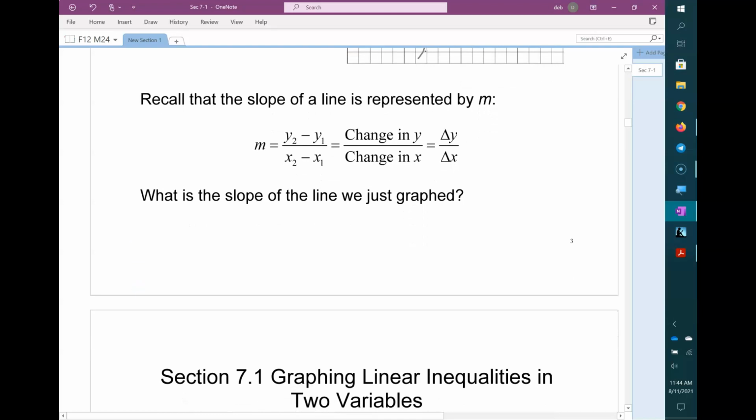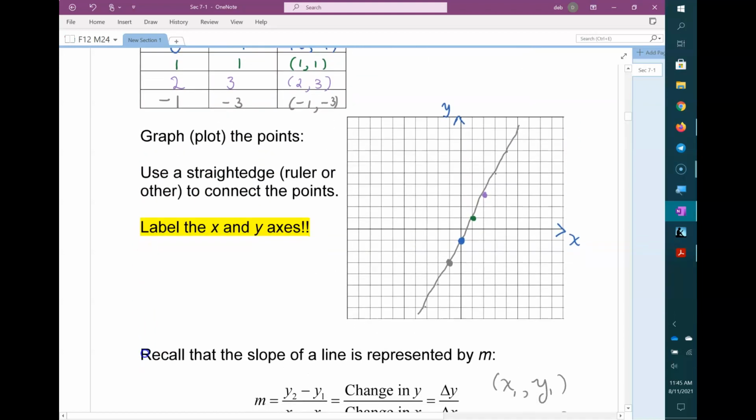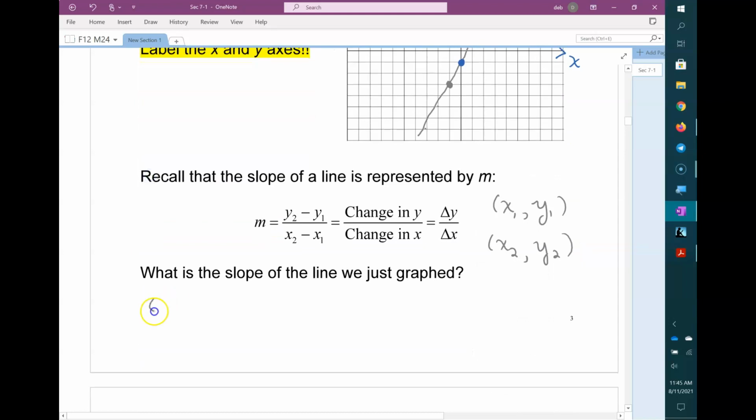Now recall that the slope of a line is y2 minus y1 over x2 minus x1 if you have 2 points that are on the line and you label their coordinates x1, y1, and x2, y2. So for the slope of the line we just graphed, let's use the formula and use the last 2 points, (2, 3) and (-1, -3), to find the slope using an equation.